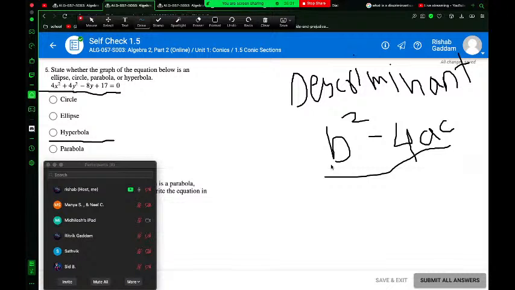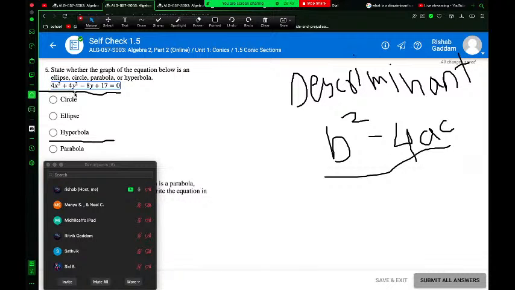State whether the graph of the equation below is an ellipse. So we have this equation right here, and we have to use the discriminant formula on this.